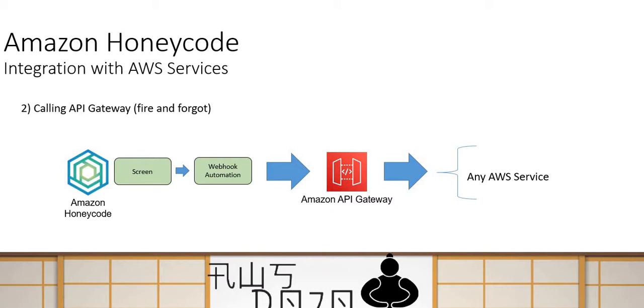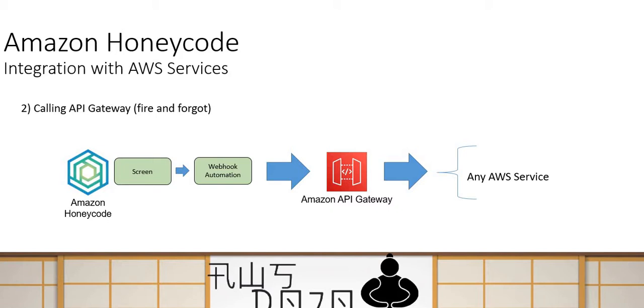Now keep in mind that this configuration is fire and forget. That means it is not a request-response where I call this webhook, API Gateway executes the business logic, and the response comes back and I can see that response. No, it is fire and forget. When the webhook calls the API, it made the call and it is not waiting for any response to come.